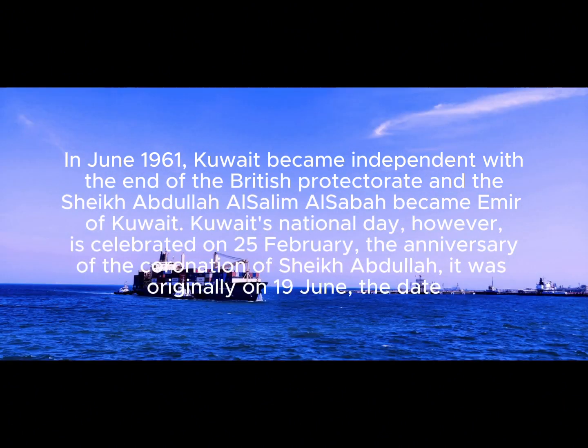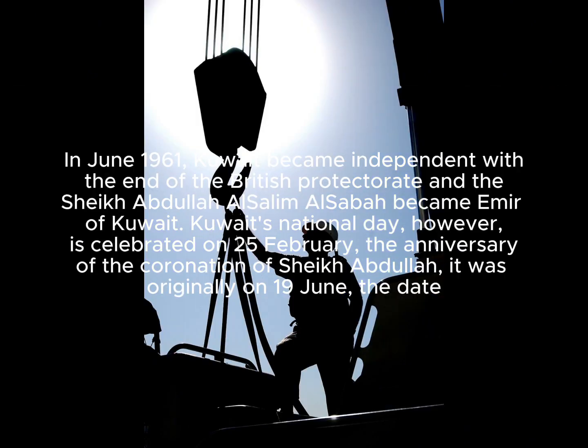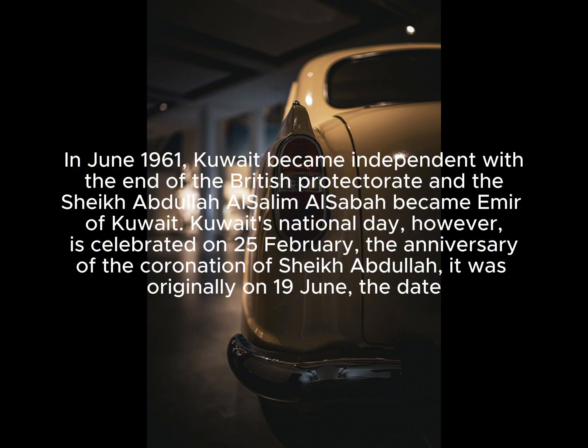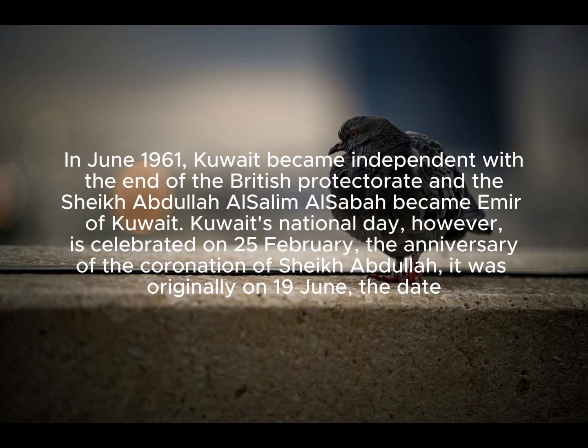In June 1961, Kuwait became independent with the end of the British Protectorate, and Sheikh Abdullah al-Salam al-Sabah became Emir of Kuwait. Kuwait's National Day, however, is celebrated on 25 February, the anniversary of the coronation of Sheikh Abdullah. It was originally on 19 June, the date of independence.